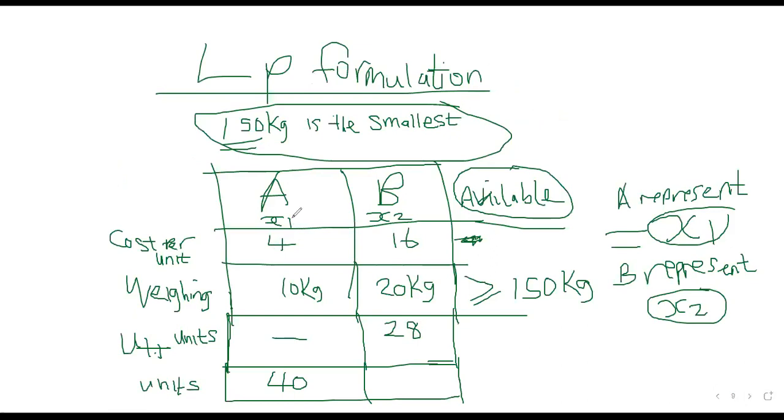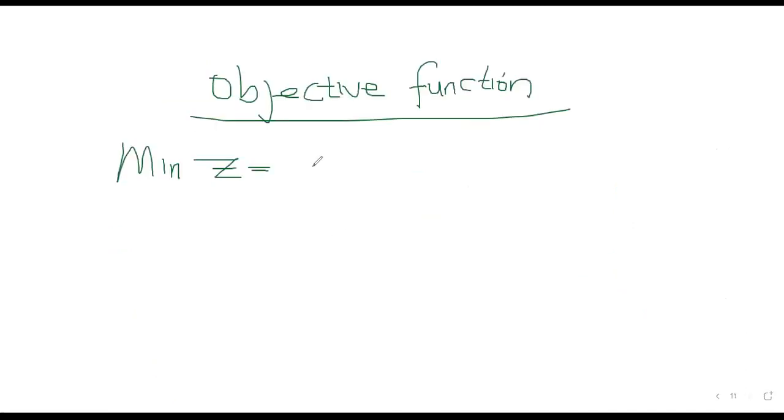So the total cost of x1, x representing units of A. So it will be 4x1 plus 16x2.